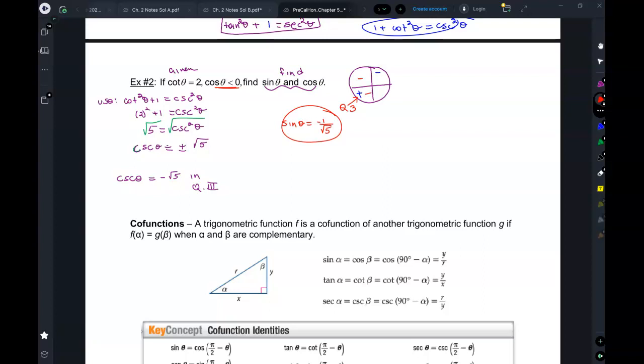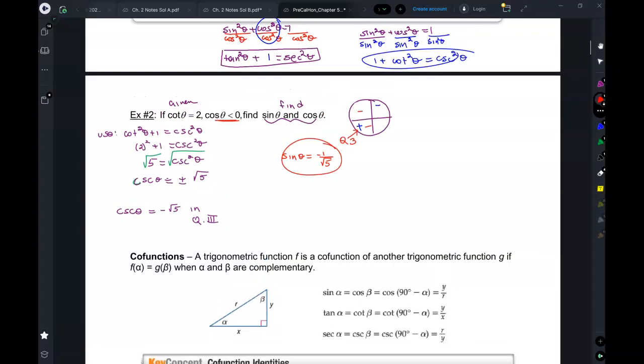Cosine. You can use another Pythagorean identity for this, but once you use the Pythagorean identity once, see if you can use one of the other ones, like the quotient ones. So if I have a cotangent and a sine, I could use a quotient one, right? Because cotangent of theta is equal to cosine over sine.